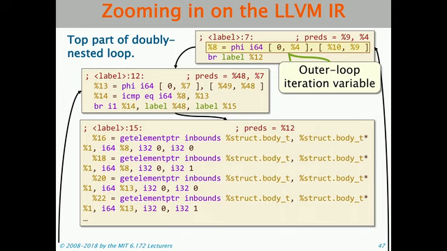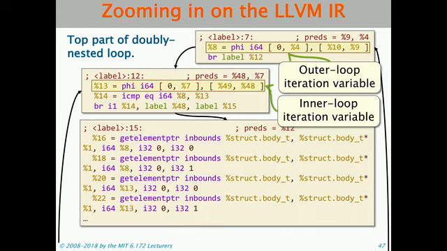It's that weird phi instruction, once again. Inside that outer loop, we have the loop control for the inner loop, which has its own induction variable. Once again, we have another phi node. That's how we can spot it. And then we have the body of the innermost loop, and this is just the start of it.